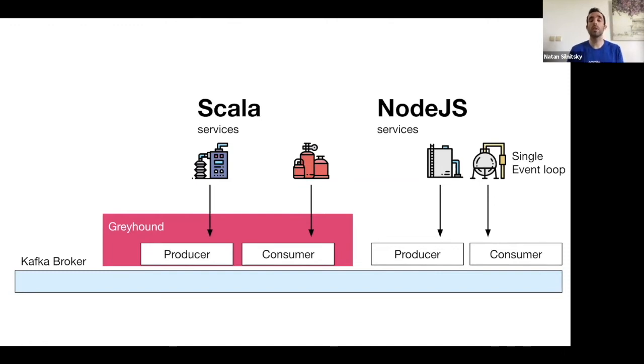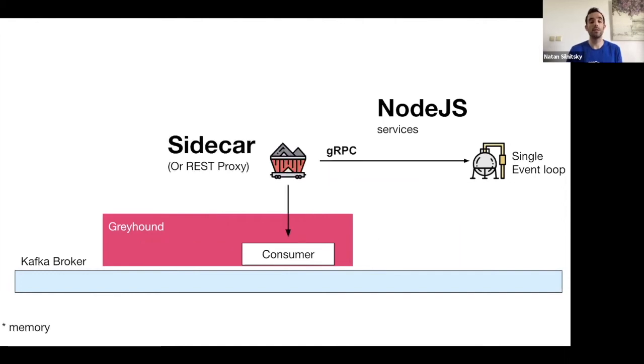So in order to solve all these problems, we decided to drop the specific Kafka node library and to have a Scala service, a sidecar in the Kubernetes pod that will handle the produce and consuming for the node app container.